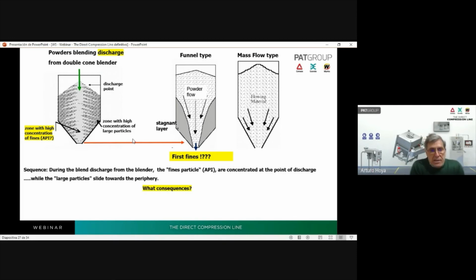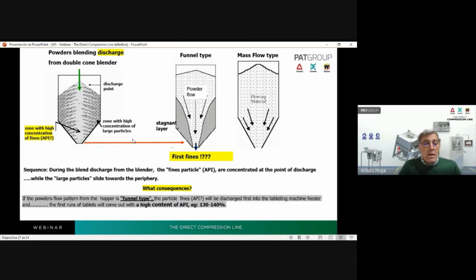So the sequence is, during the blend discharge from the blenders, the fine particles, API, are concentrated at the point of the charge, while the large particles form a matrix that slides towards the periphery. Consequences: if the powder flow pattern from the hopper is the funnel type, the API particles will be discharged first into the tablet machine feeders, and the first runs in the tableting will come out with high content of API.